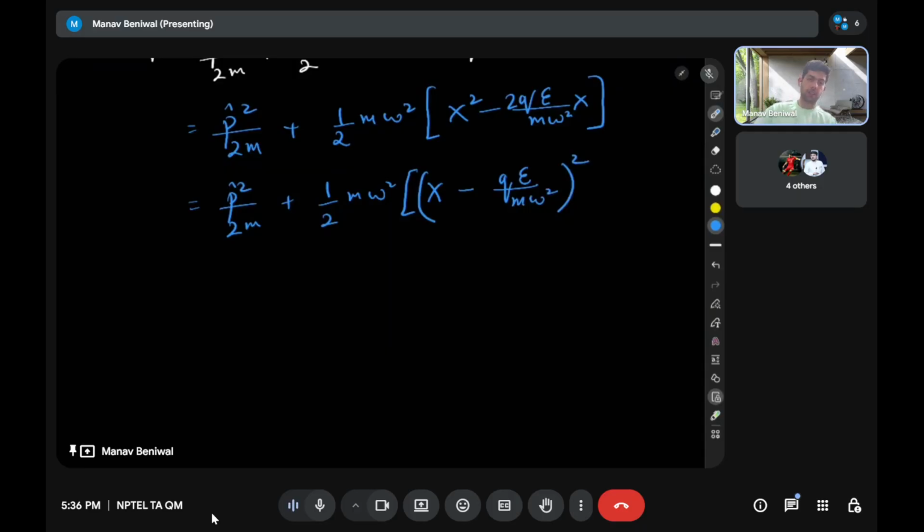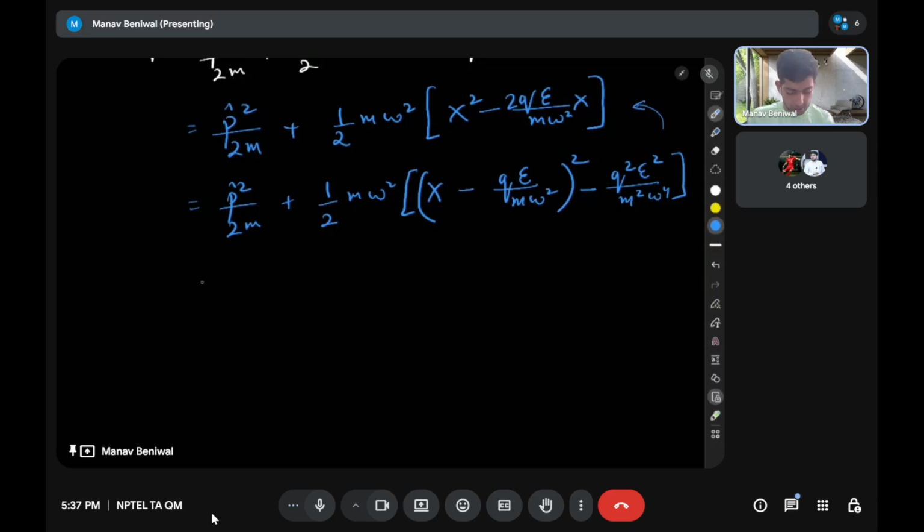Now when we open this, we get x squared, we get 2qE by omega squared times x, but we also get one extra term, plus q squared E squared by m squared omega to the power 4. So we need to subtract this term and then we are good to go. If we open this square and subtract this term, we essentially get back here.